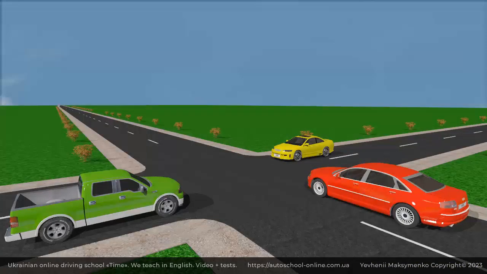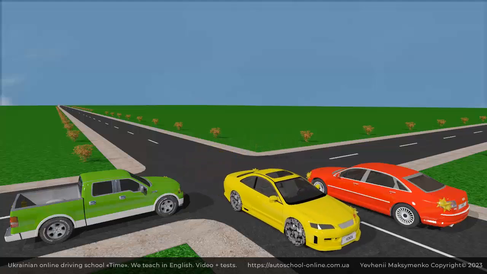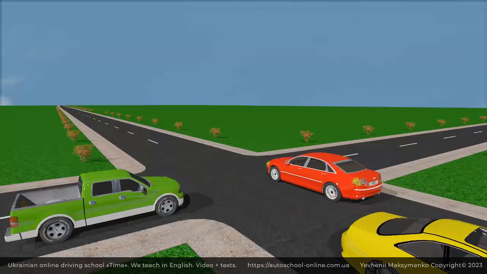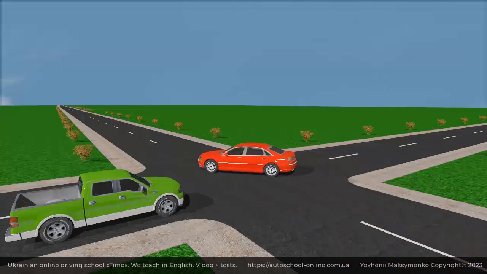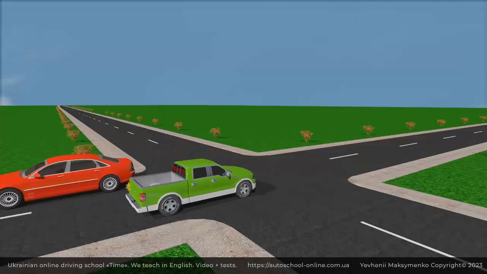The only exception to this rule is if all three vehicles turn left or make a U-turn simultaneously. In this situation, each of them will have an obstacle on the right. Therefore, the order of cars is as follows. The first vehicle to enter and pass the intersection is the yellow one, followed by the red one, and the last one is the green one.